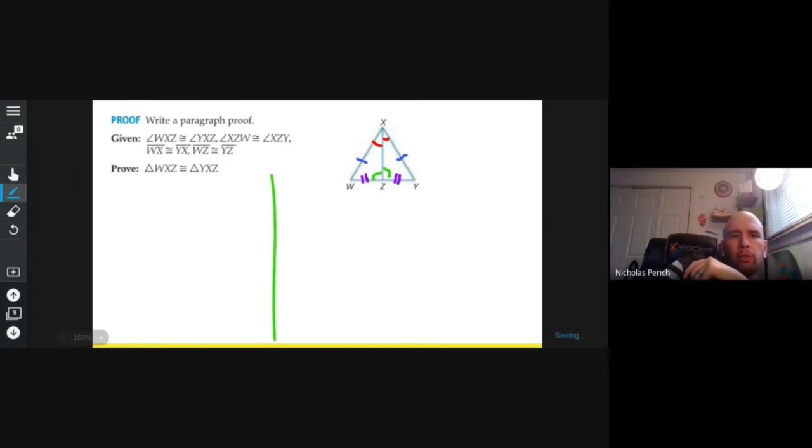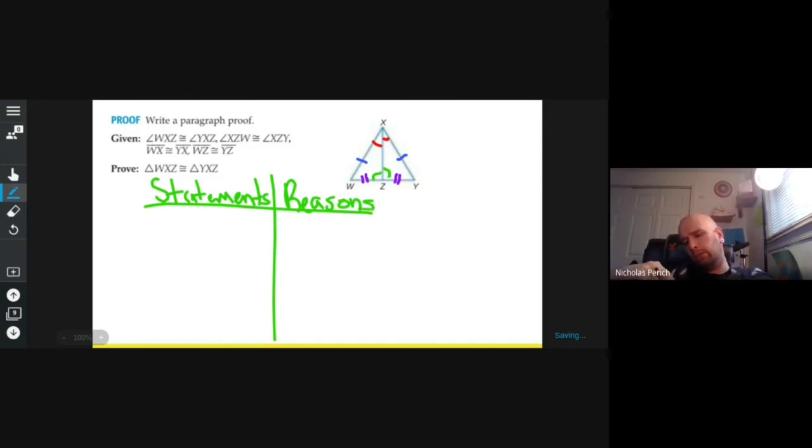I need to prove that the two triangles there are congruent. So I have my statements and my reasons.